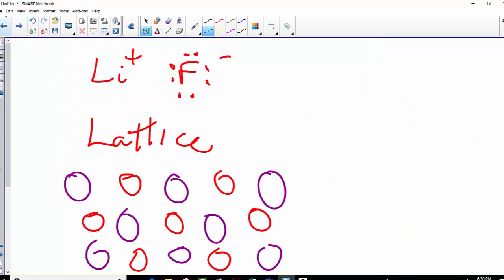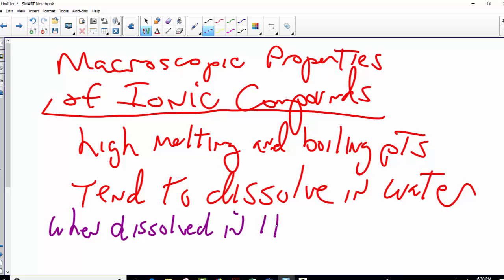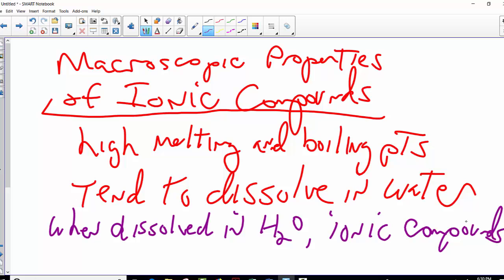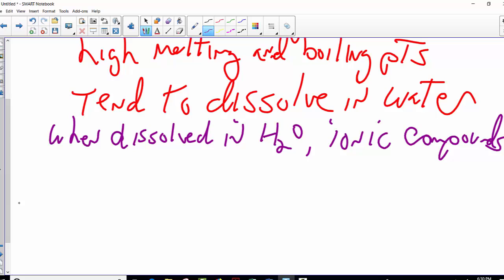The other macroscopic property I want to talk about here is when dissolved in water, ionic compounds, or rather solutions of ionic compounds because they're dissolved in water, will conduct electricity.